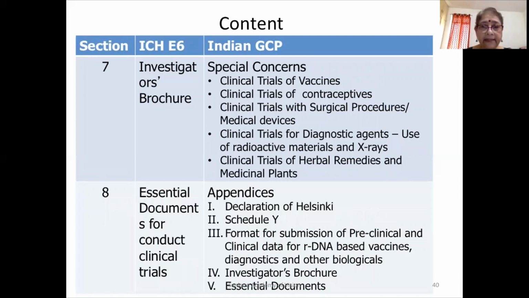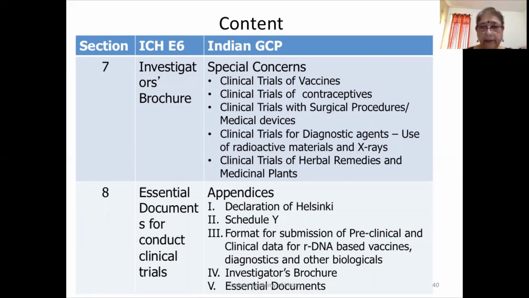And besides that, we had Schedule Y as the appendices. Now Schedule Y doesn't exist anymore after the Gazette notification of the New Drugs and Clinical Trials Rules on 19th March 2019. So many things on the side of the Indian GCP are no longer relevant now.